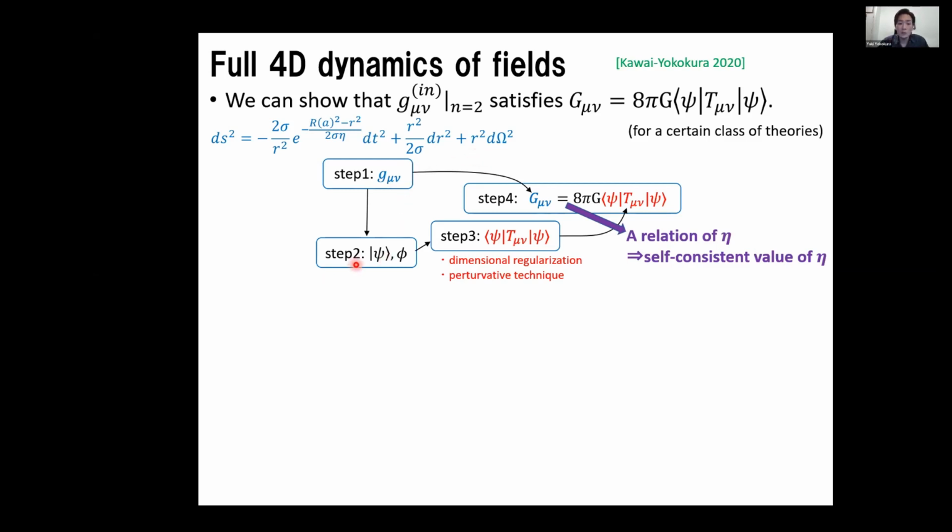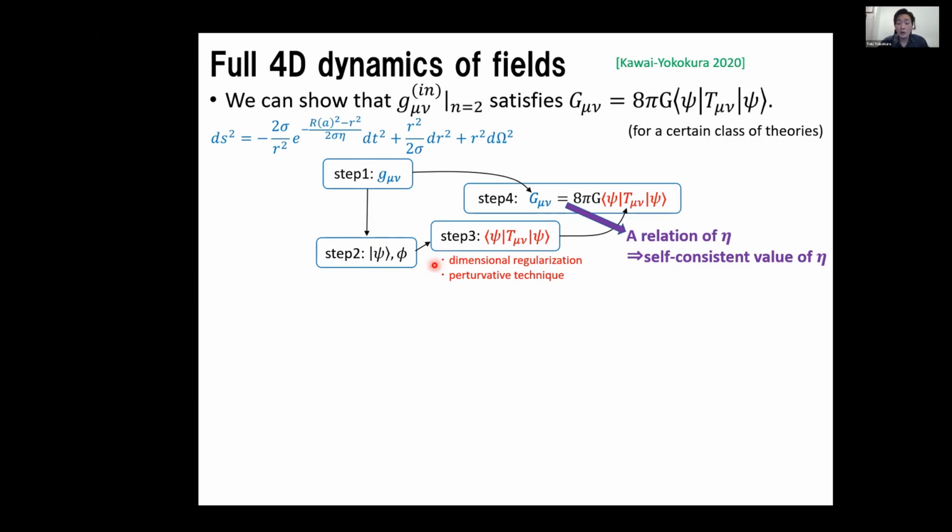And step 2, in this background geometry, we study n scalar fields and find a candidate state psi. And step 3, we evaluate the renormalized energy-momentum tensor for this candidate metric and candidate state. But as you can guess, this step 3 is very, very hard.